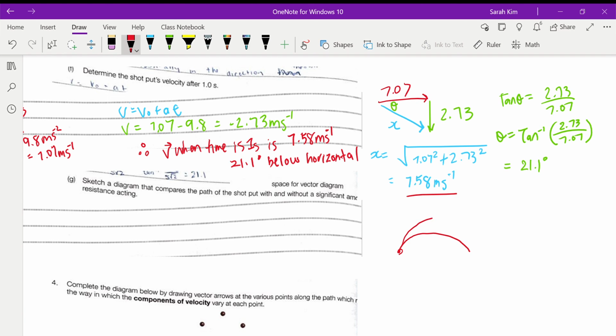So if that's the original path, it will just be coming to the ground like so with resistance. So give your answer a read. There's not much to it. It'll just not look like a parabola. And that's it.